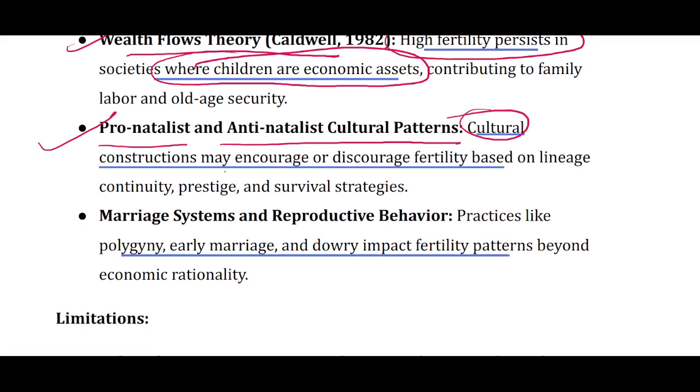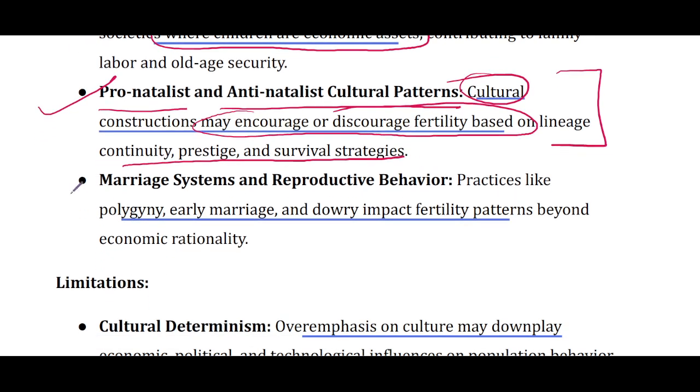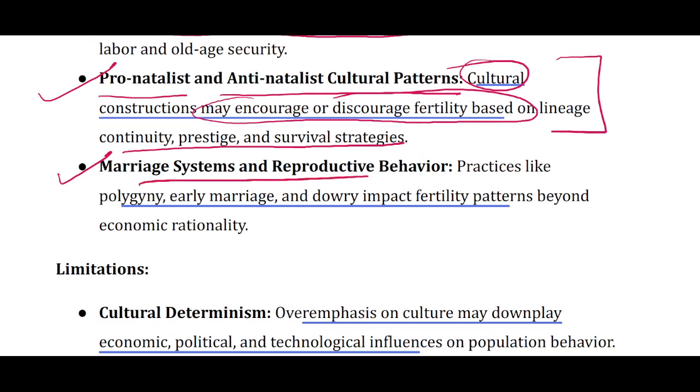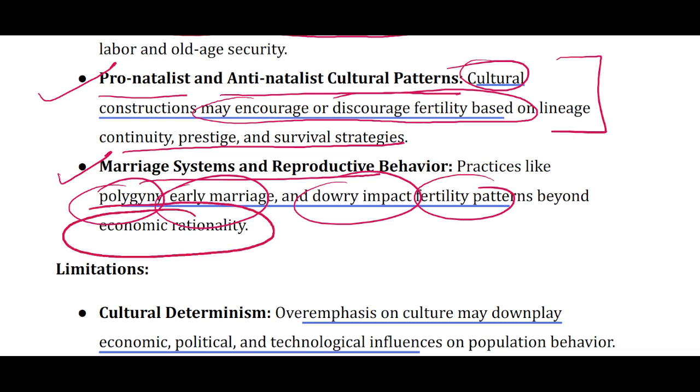Many cultural constructions may encourage or discourage fertility based on lineage, continuity, prestige, and survival strategies. And the final principle, marriage system and reproductive behavior. Practices like polygyny, early marriage, dowry, all of them impact fertility pattern beyond economic rationality.